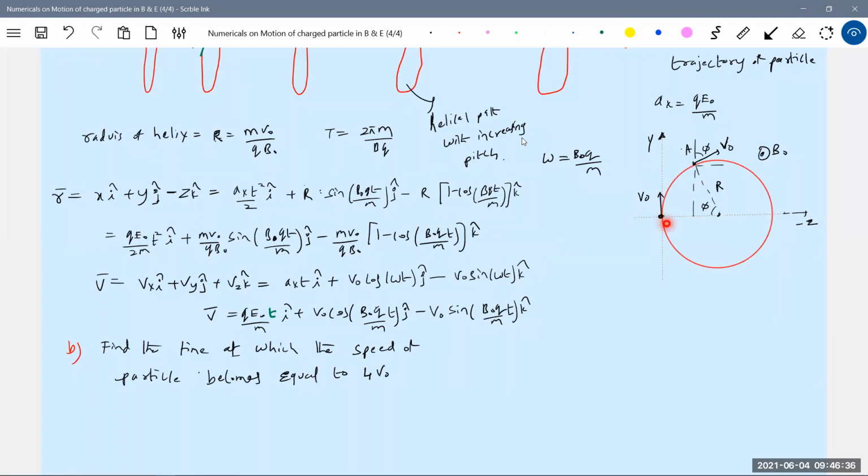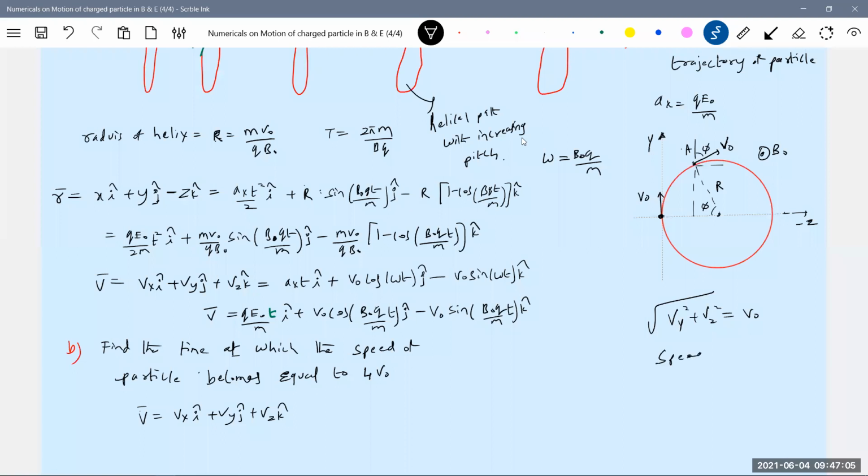Agreed? So therefore, what should be this expression now? I'll go back to the very first one. Vx i cap. Root of Vy square plus Vz square is what? V naught square. Hope if you can agree this, everything will be in a better place. Because what is the thing?